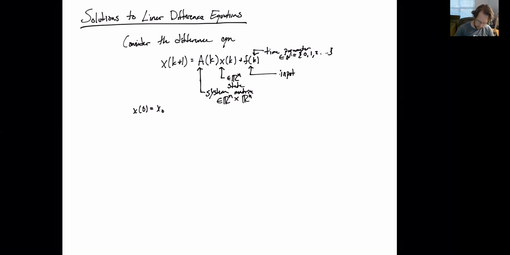So this is the initial condition there. All right, and so let's recursively solve, look at this over k.